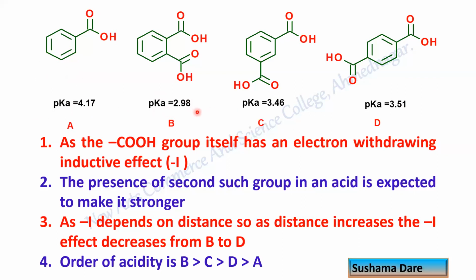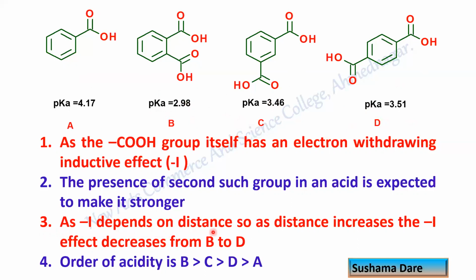Look at now here. Ortho is a strong acid as compared to meta, as compared to para. So you can see the order here, that B is a strong acid as compared to C, as compared to D. What is the reason behind it? Look at the third point.